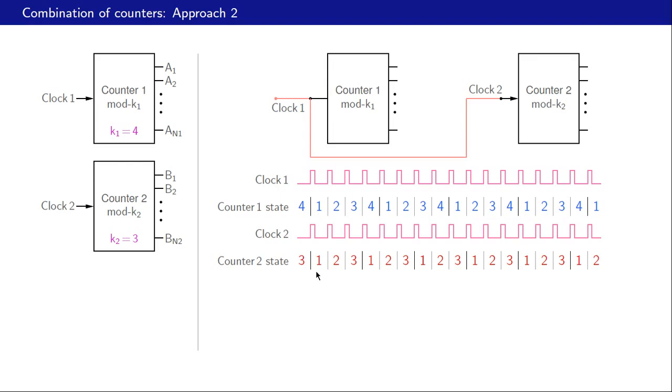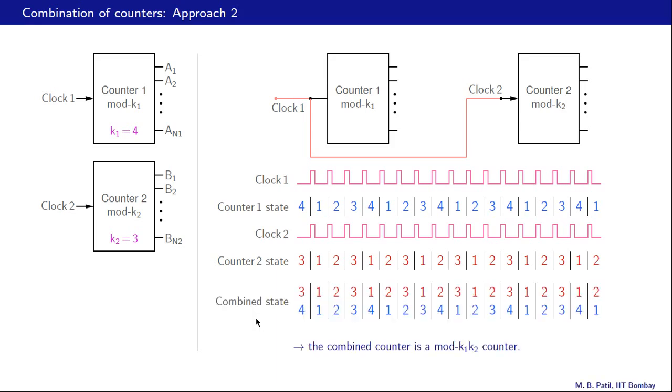It's a mod 3 counter, so we have 3 different states, and after 3 clock periods this state 1 appears again, and so on. Here is the combined state. In this interval our counter 2 is in state 1, counter 1 is in state 1. In this interval our counter 2 is in state 2, counter 1 is in state 2, and so on.